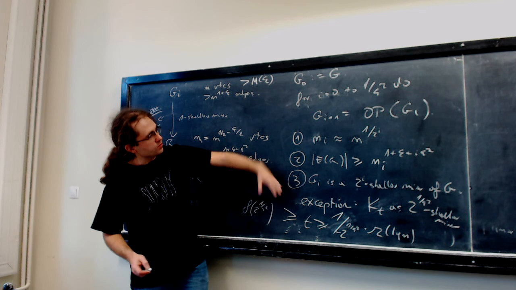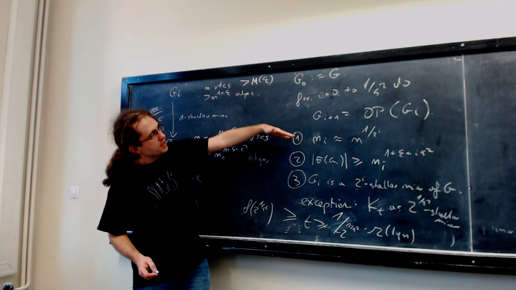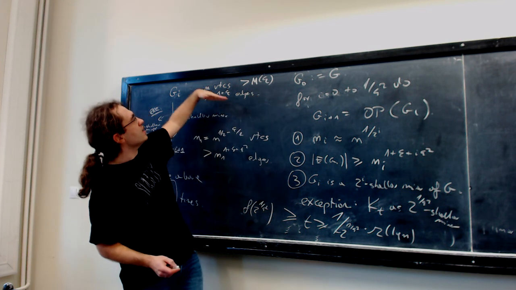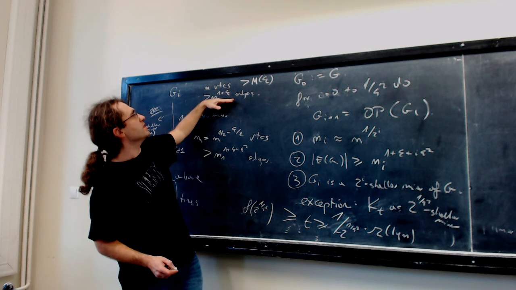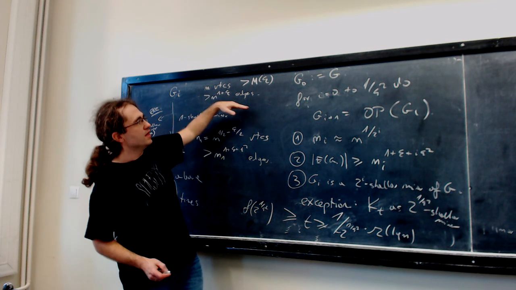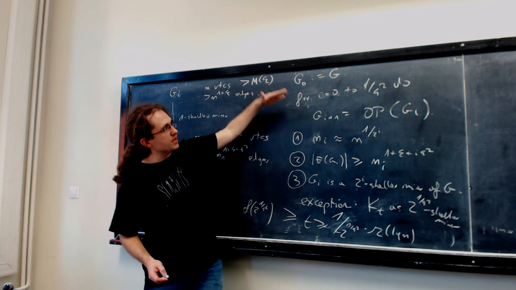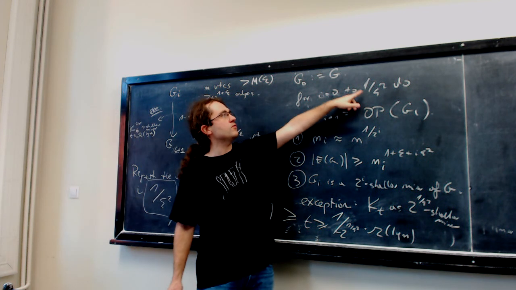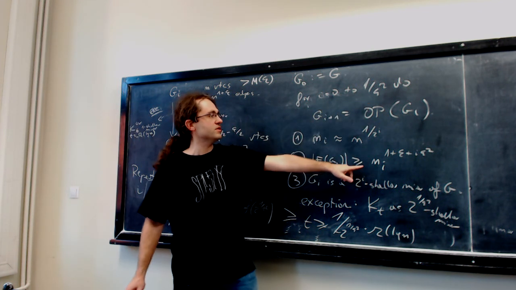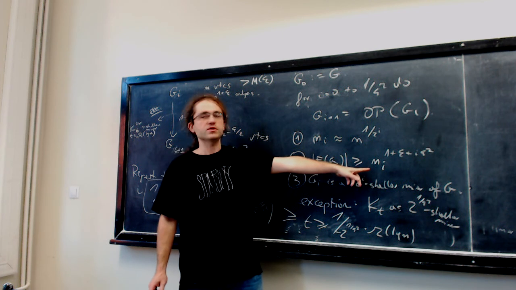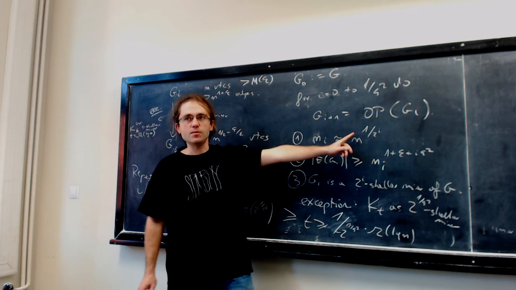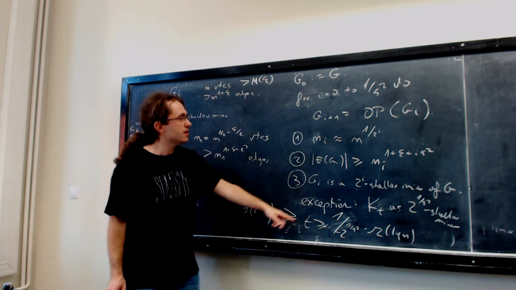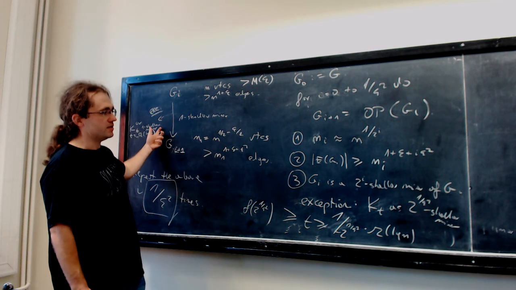So this procedure starts with a dense graph, more than n to the 1 plus epsilon edges, makes a number of iterations, and cannot make 1 over epsilon square iterations, because then the number of edges is more than quadratic in the number of vertices, which is a contradiction. So at some moment it makes an exception, giving a large clique as a shallow minor.